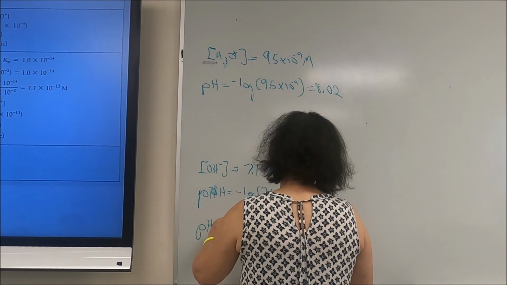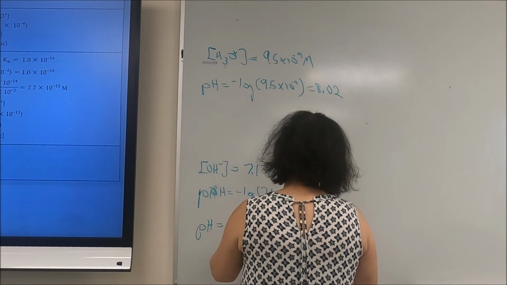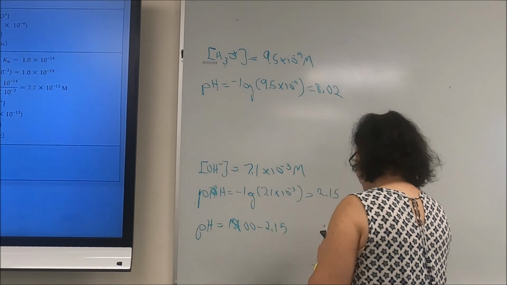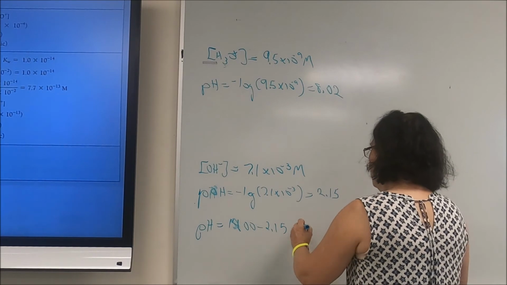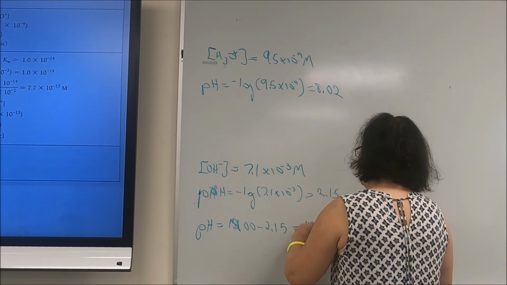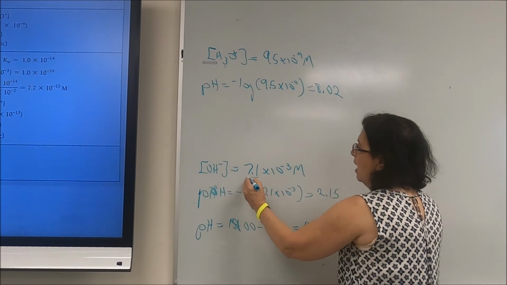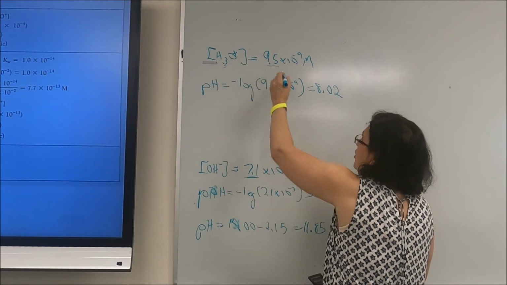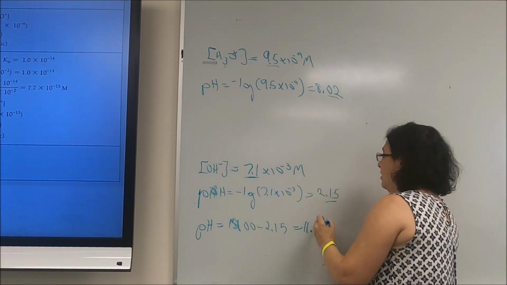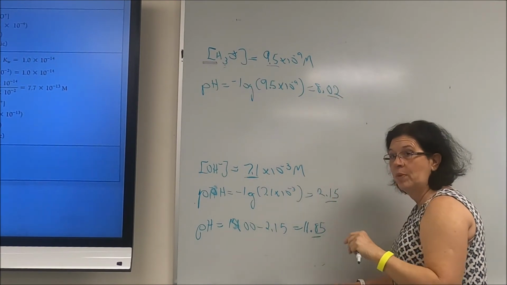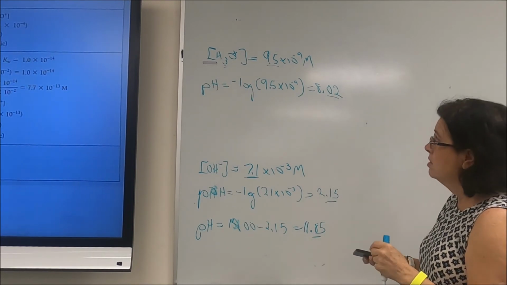The pH is going to be 14 minus 2.15, which would be 11.85. Now guys, because these concentrations have two significant figures, our pHs and pOHs run two places past the decimal. And that's because we're dealing with logs.